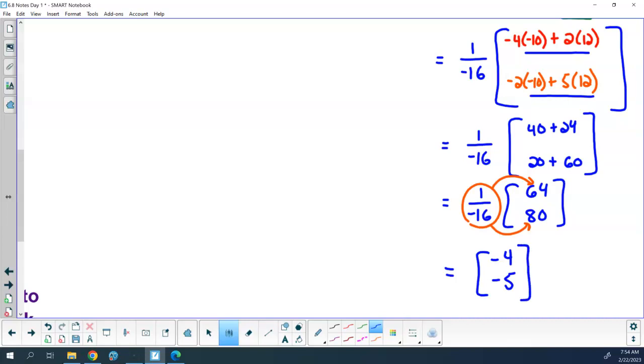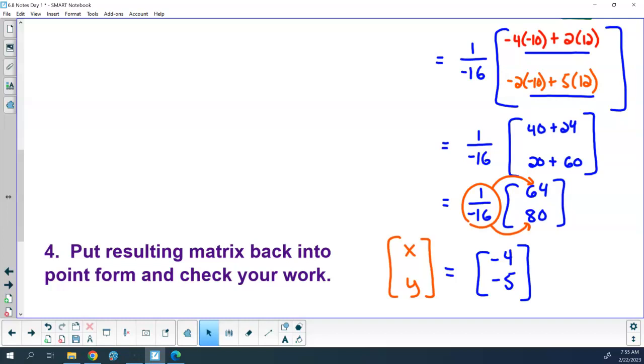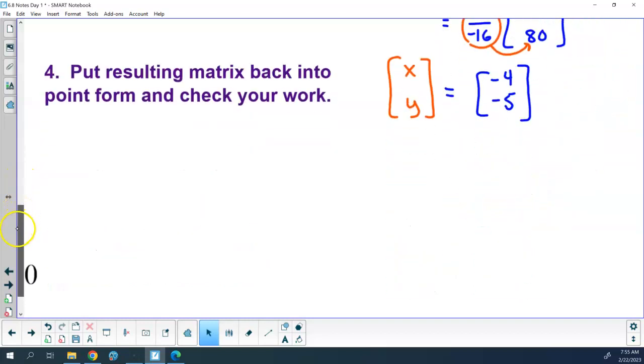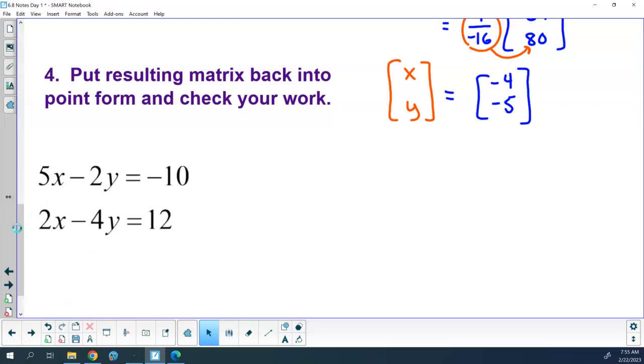So that, if you recall, is what our variable matrix is equal to. So in our last step, then, we are going to put the resulting matrix back into point form, and we're going to check our answer.